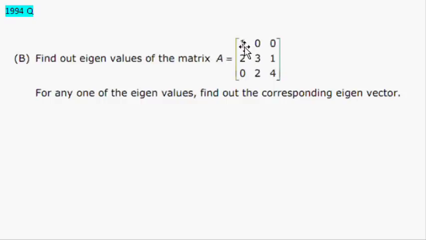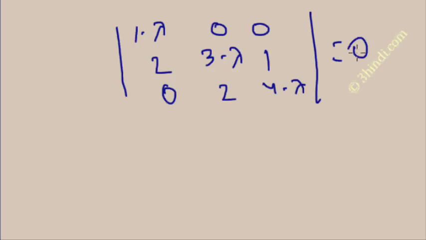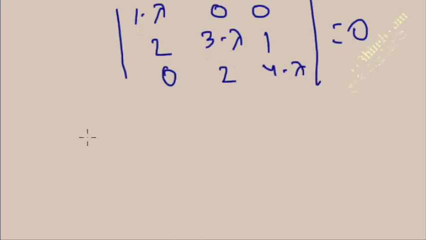To find the eigenvalues, I subtract lambda from the diagonal, and the determinant will be equal to 0. This is the characteristic equation. You have to solve this to find the values of lambda, meaning the eigenvalues.